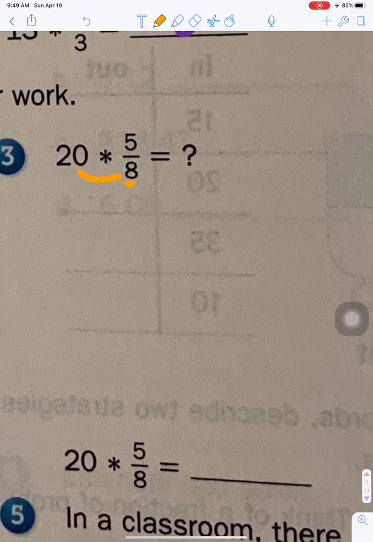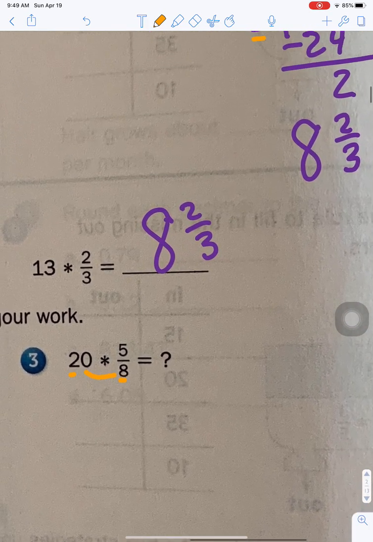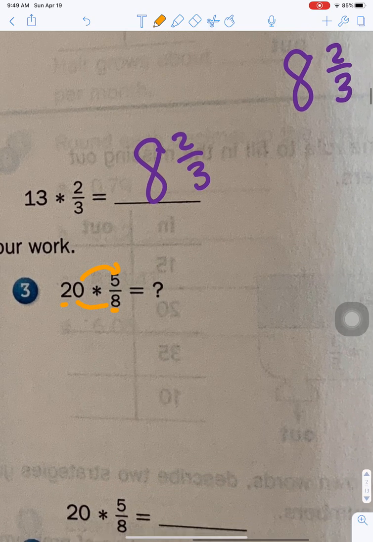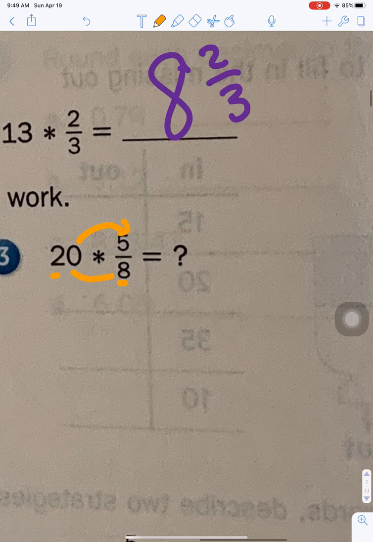So 20 times 5. I can easily do that in my head. So 20 times 2 times 5 is 100.